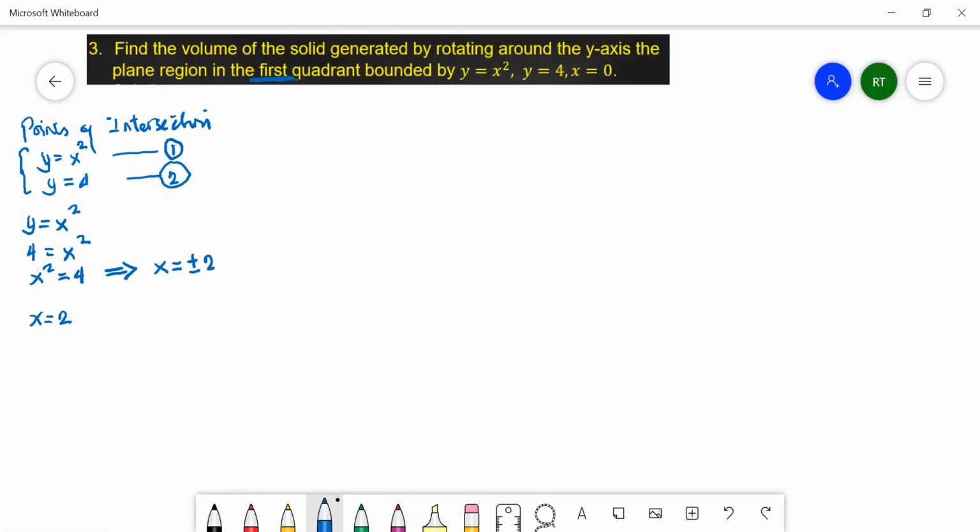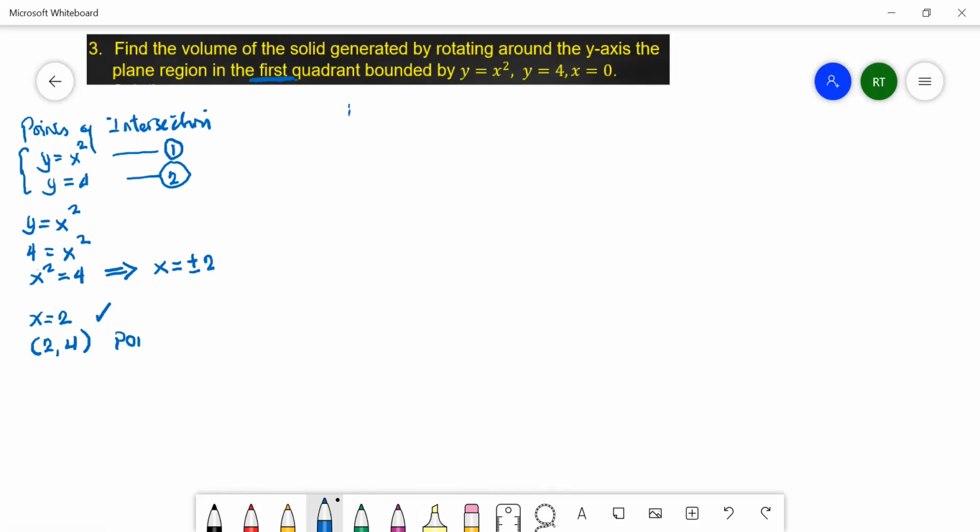When y is equal to 4, x is equal to positive 2. Therefore, the point of intersection is at 2, 4. This is the point of intersection of the parabola y is equal to x squared and the horizontal line y is equal to 4.